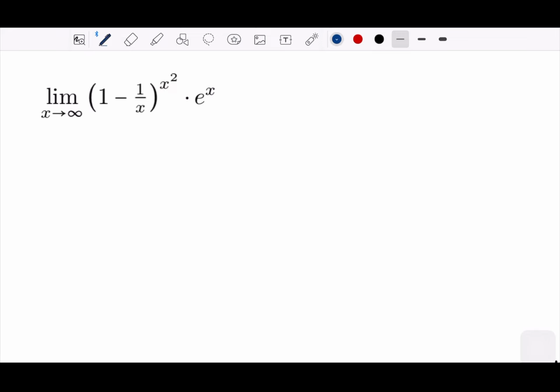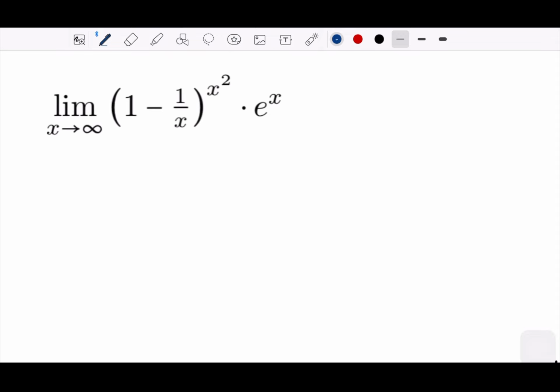So perhaps we could take this, and maybe to make it simplified, we take y as this expression, and then perhaps we take ln.